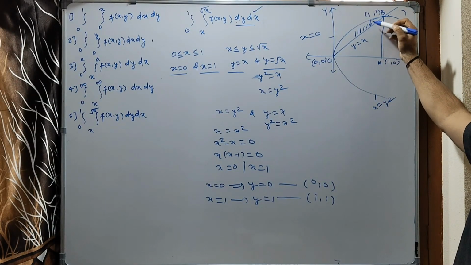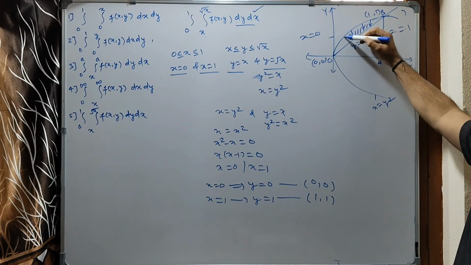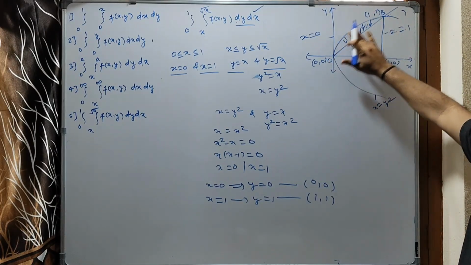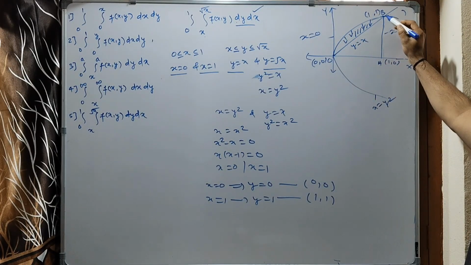Here y equal to x, so the value of y is greater than or equal to x, and less than or equal to root x. So this is my region. Therefore the region of my integration is this one, OB.